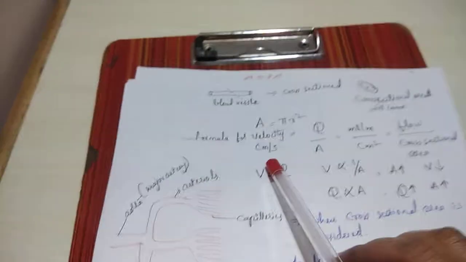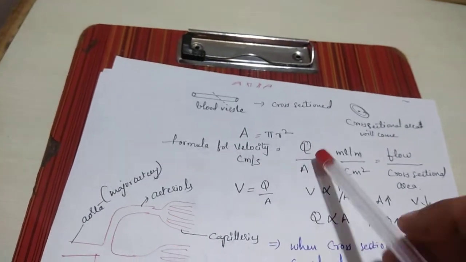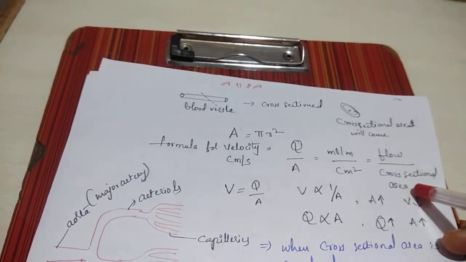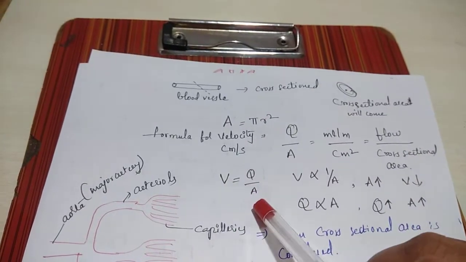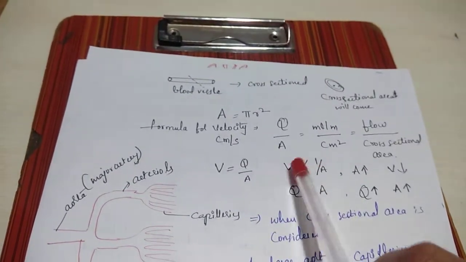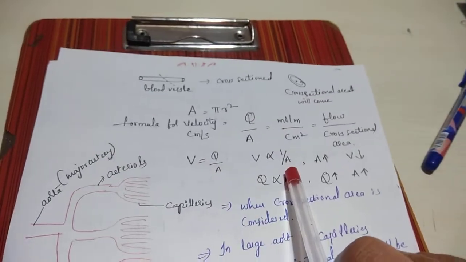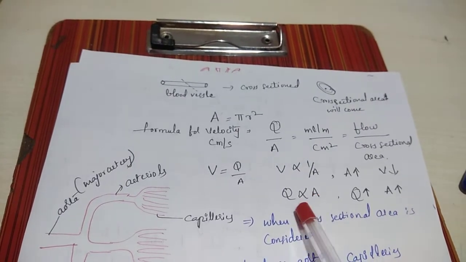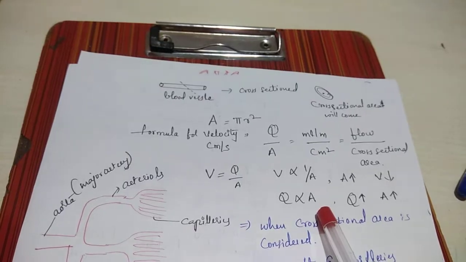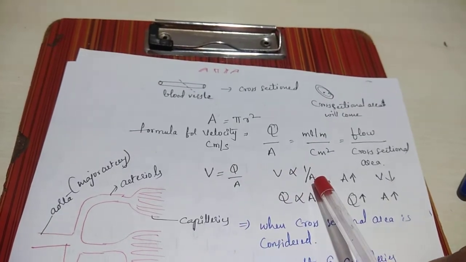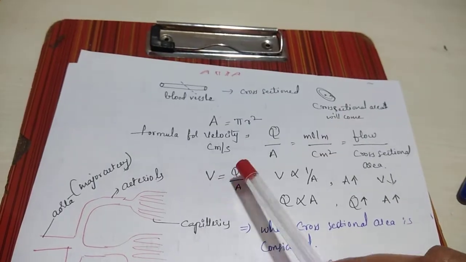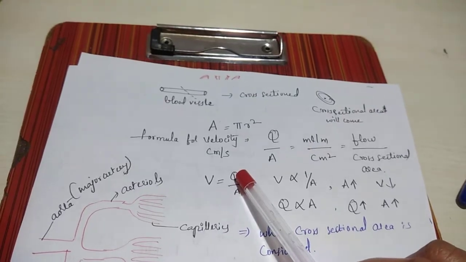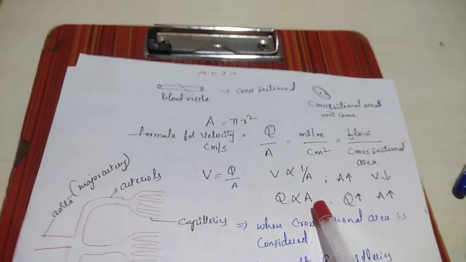The formula for velocity is V equal to Q by A, where Q is flow and A is the cross sectional area. So velocity is inversely proportional to the cross sectional area and directly proportional to the flow, and flow is directly proportional to the cross sectional area.